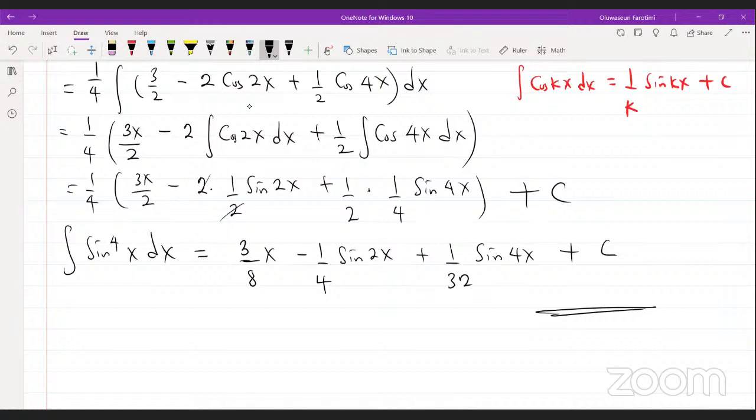Interesting. Because over here you have 1/2 times 1/4, that's 1 over 8, and 8 times 4 is 32, right?